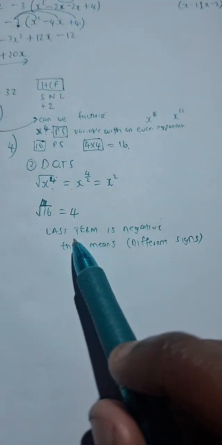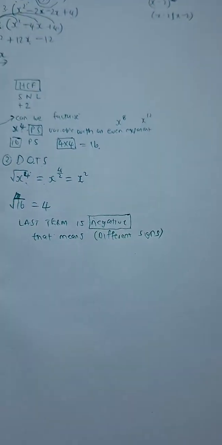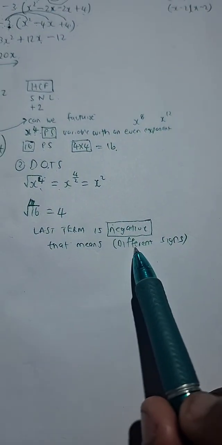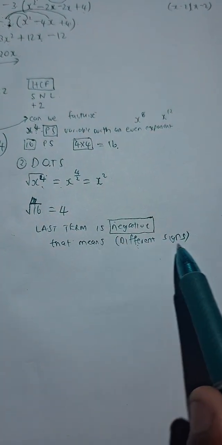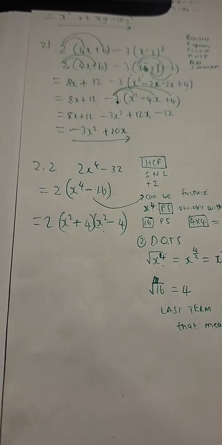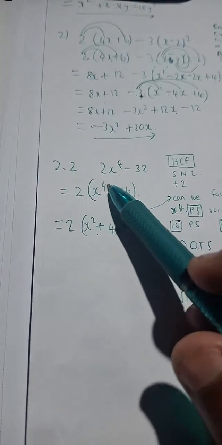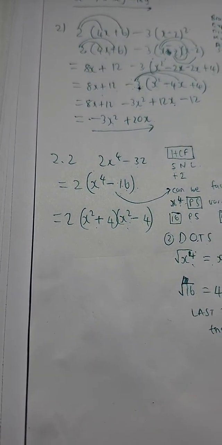So I know I'm going to have a positive and a negative. And I always start with the positive sign and end with the negative for a difference of 2 squares.